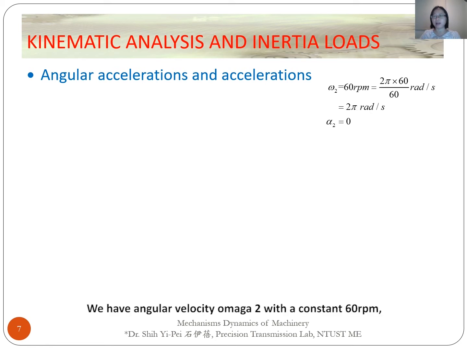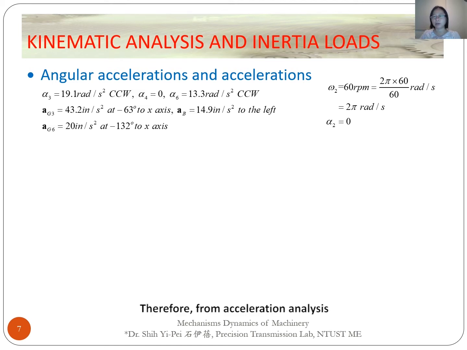We have angular velocity omega2 with a constant 16 rpm. It gives angular velocity omega2 equals 2 pi radians per second, and the angular acceleration alpha2 is 0. Therefore, from acceleration analysis, we get the angular accelerations alpha3, alpha4, and alpha6.